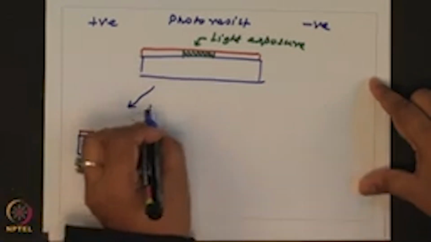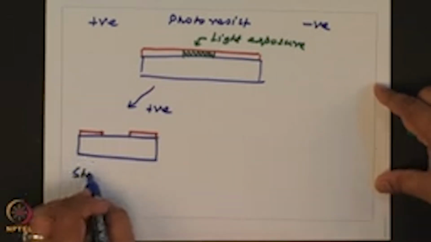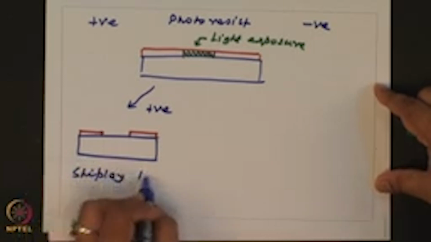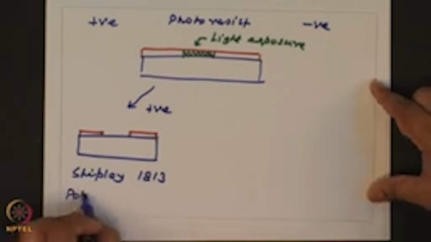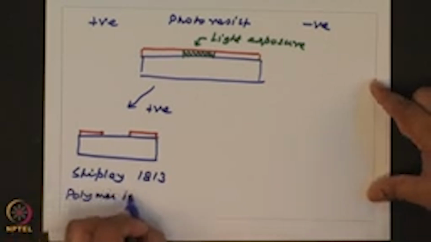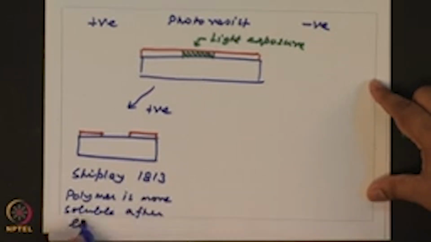This is an example of positive photoresist, and Shipley 1813 is an example of positive photoresist. In this case, the polymer or the photoresist is more soluble after light exposure.